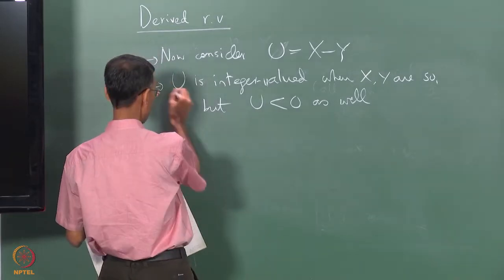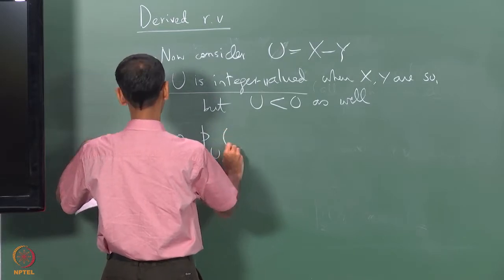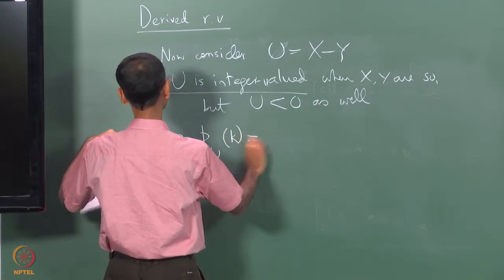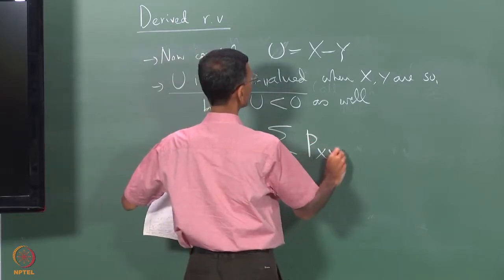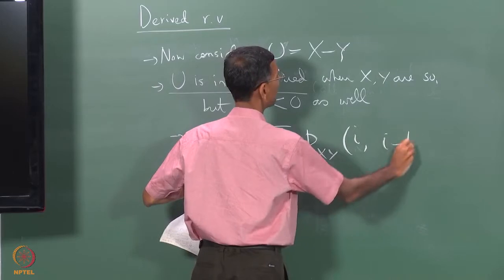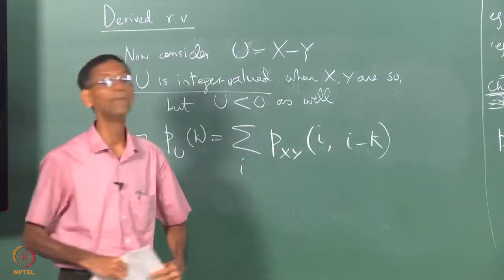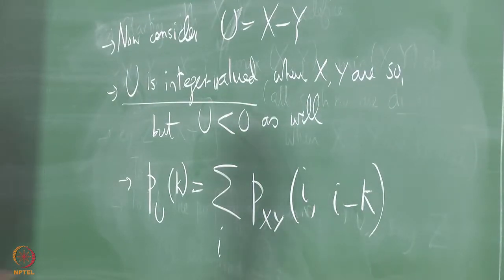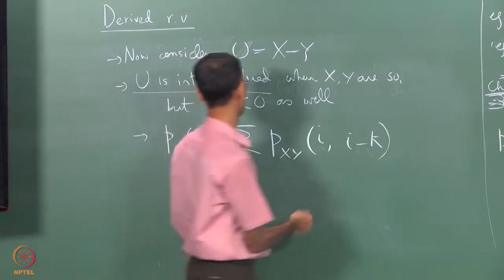So, let us take this case of u integer valued. It turns out that p u of k is the double summation over the I of interest of p x y. If I put I here, I must put I minus k here. Why I minus k? Because this difference is k, but k can be positive or negative.